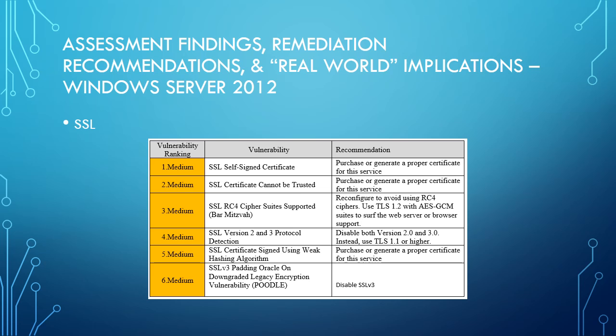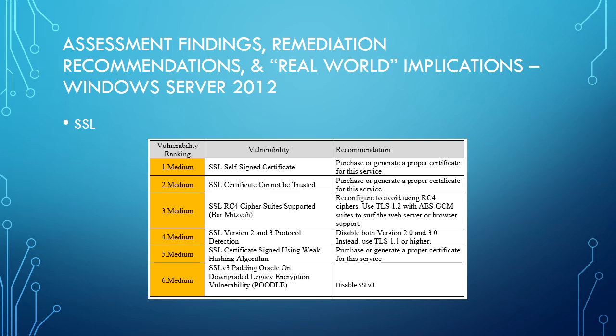For the Windows Server SSL, once again, the self-signed certificate and purchasing a real-world certificate was a big issue. And the Nessus scanner did not like using SSL. There are known vulnerabilities in using SSL.